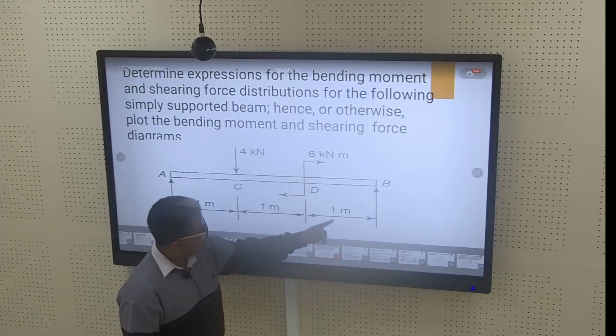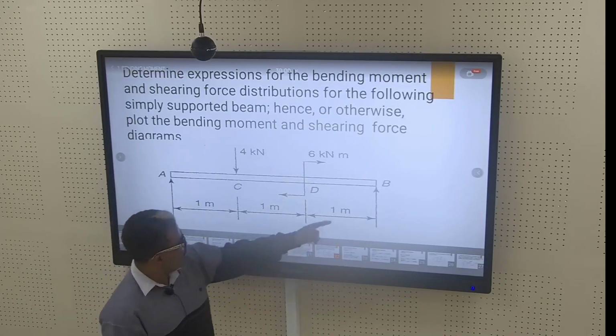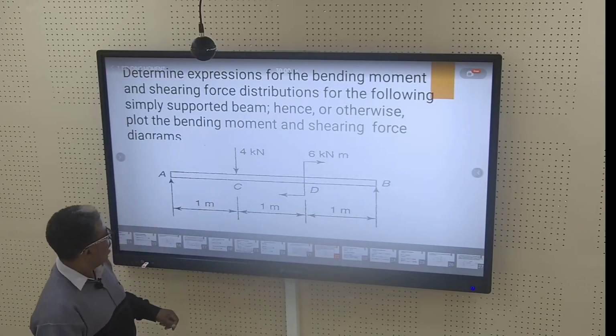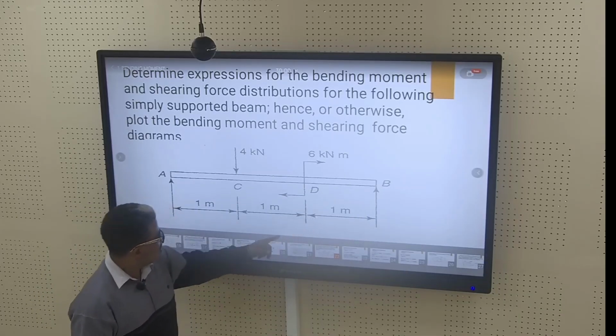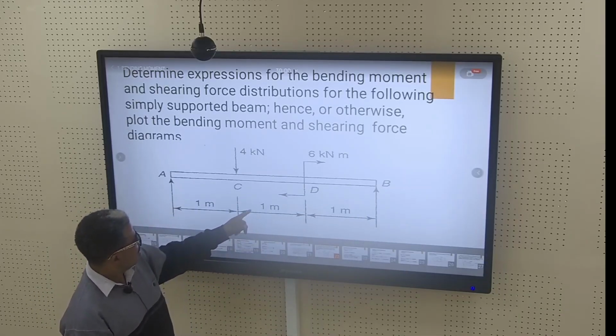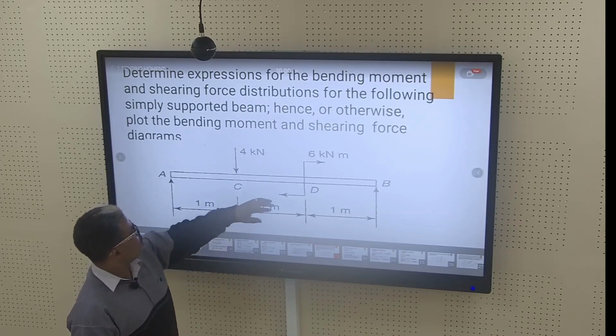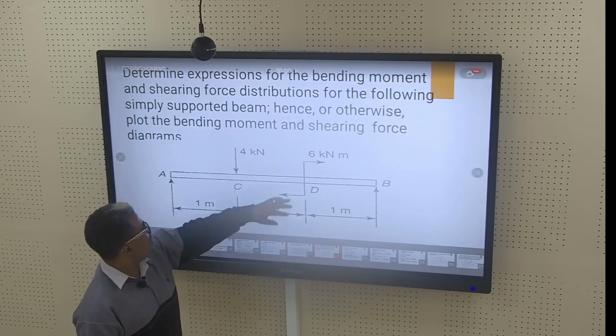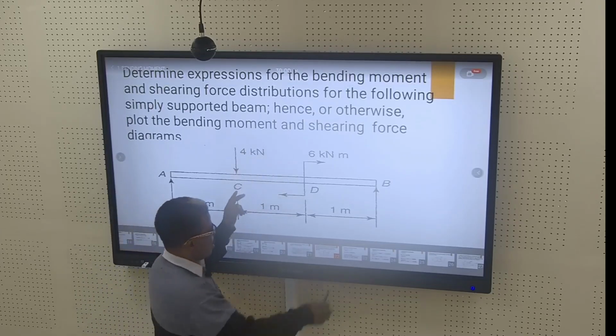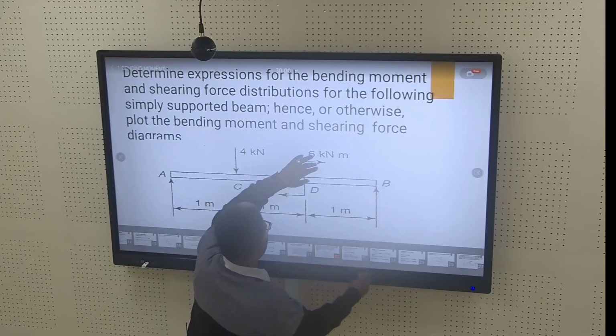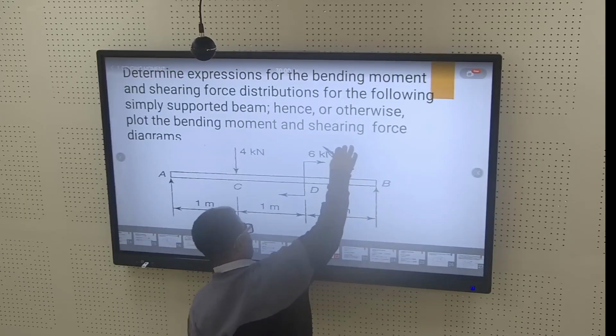Six times 1, remember we are at B, and the other one is 2. This one is going downwards. Oh, it's going anti-clockwise. If we are here, the beam moves this direction.